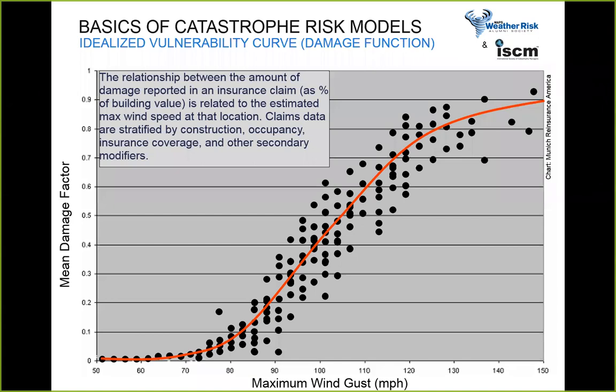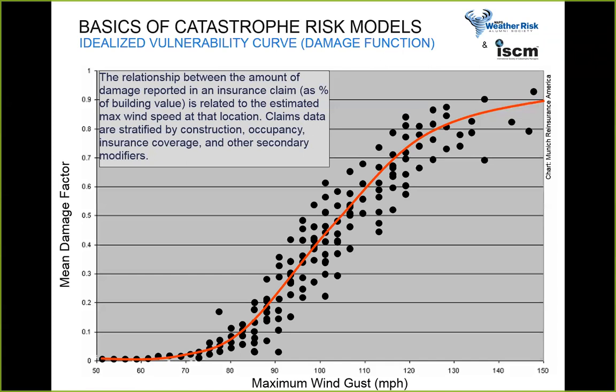But to calibrate these curves, they are mostly based on empirical data from claims and some from engineering studies. But before this year, with the landfall of Harvey and Irma being the first Cat 4 landfalls in quite some time, we have very limited data up in the higher end of the curve.